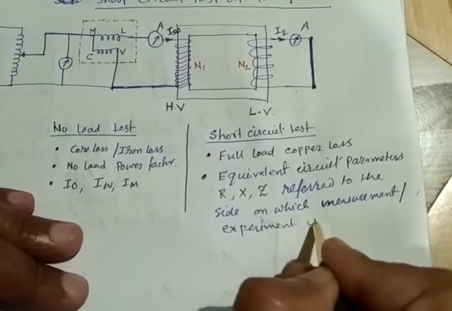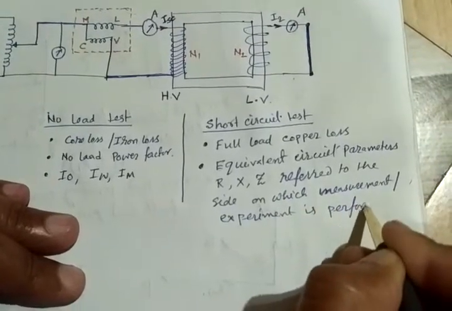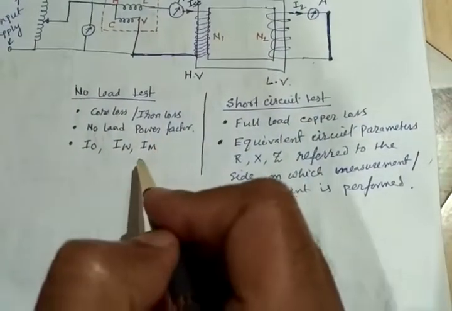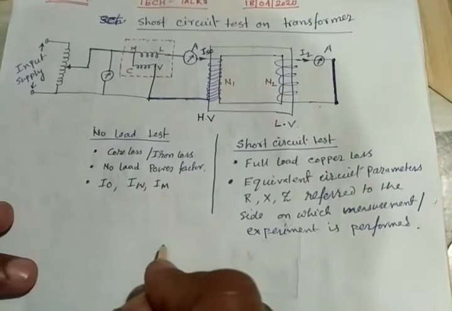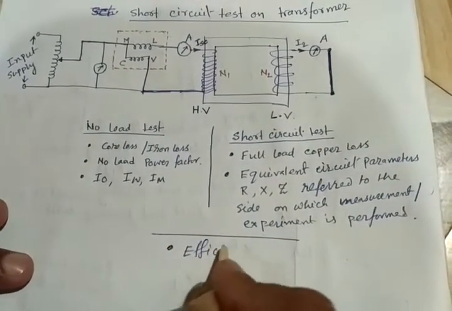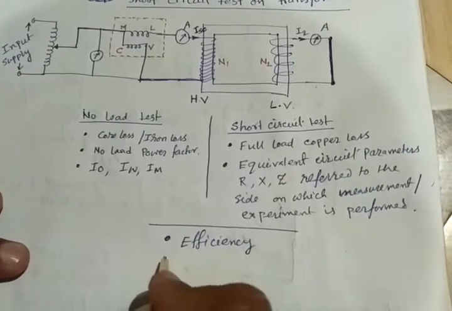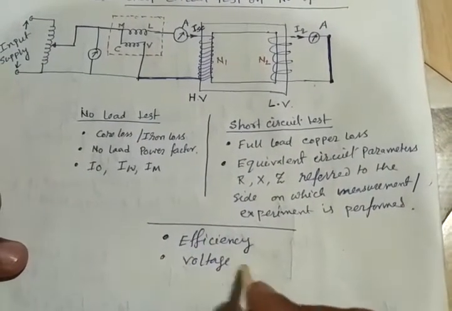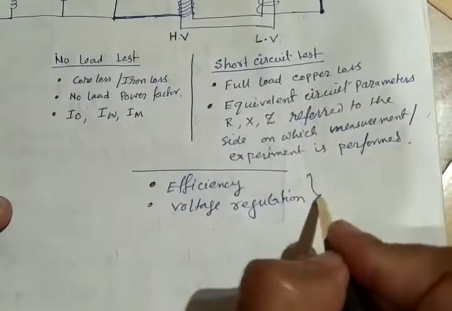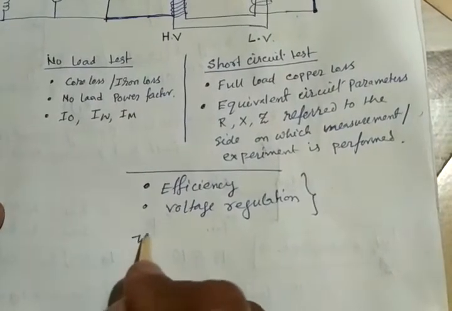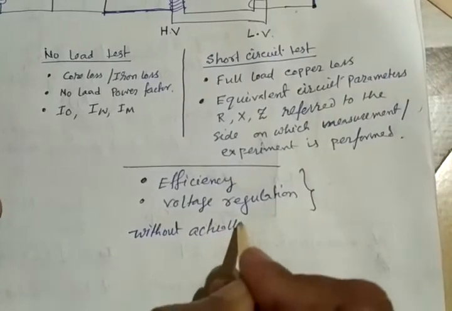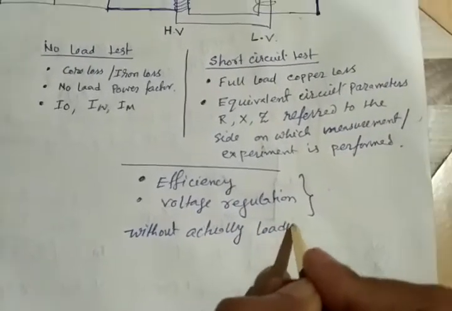Once we have all these parameters, we can find the efficiency of a transformer, efficiency and voltage regulation, and both without actually loading the transformer.